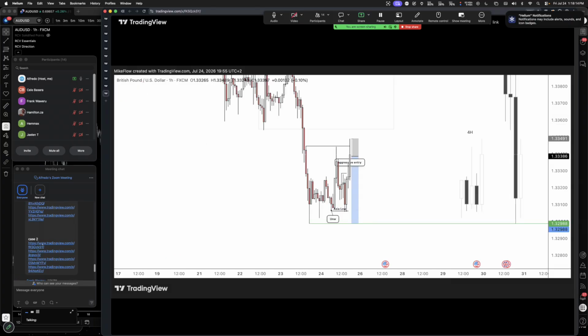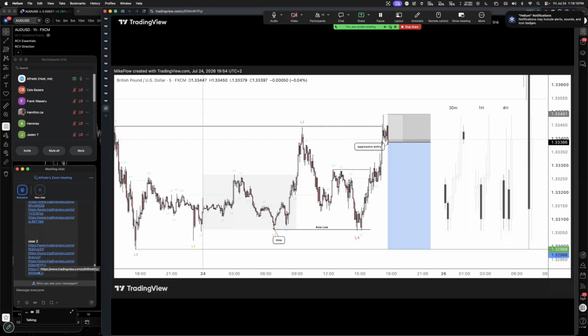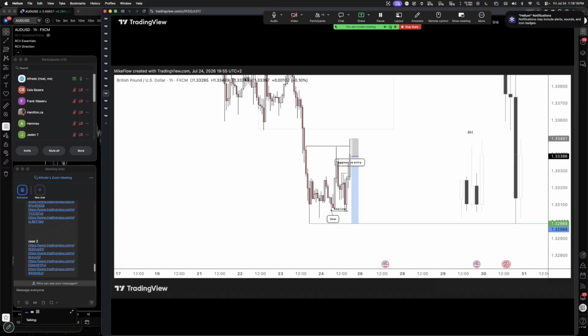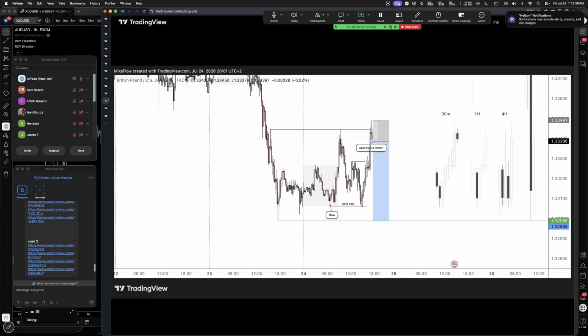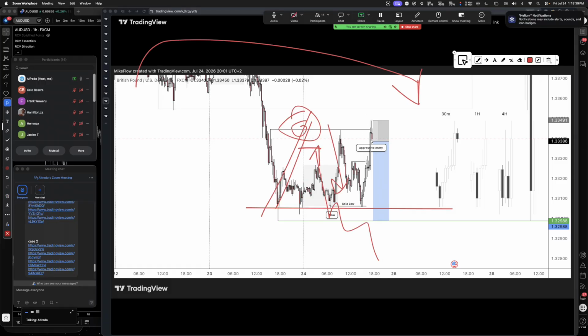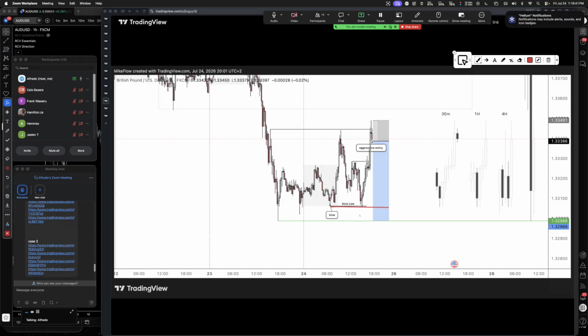But yeah, it's good. Two. Okay. Aggressive, yeah. Aggressive because you stop using this, because the sweep of this low signifies a bullish range.